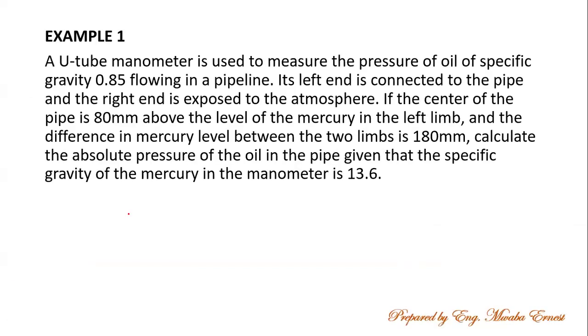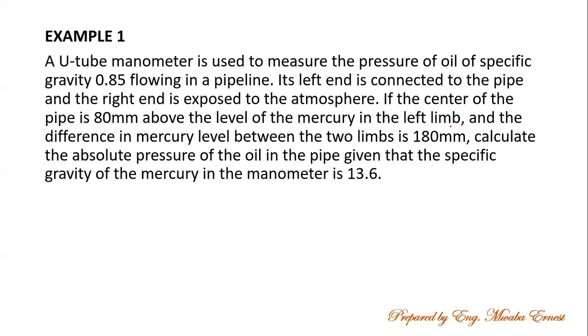Here is our example. It says a U-tube manometer is used to measure the pressure of oil of specific gravity 0.85 in a pipeline. The left end is connected to the pipe, the other one is exposed to the atmosphere. Then we're told the center of the pipe is 80 millimeters above the level of the mercury in the left limb.